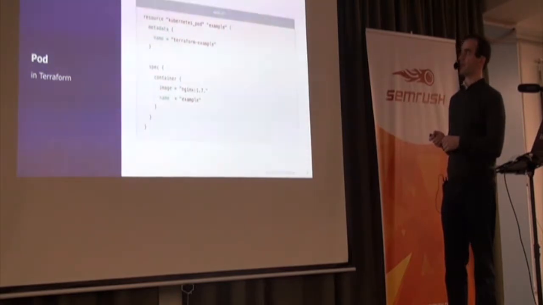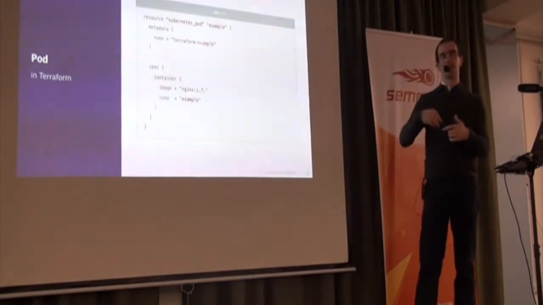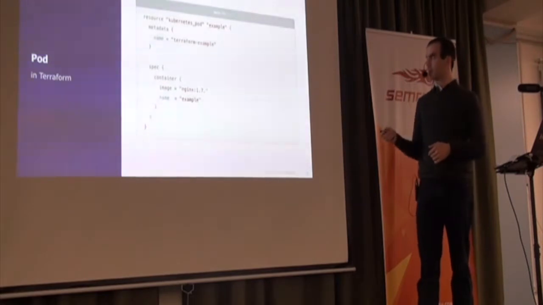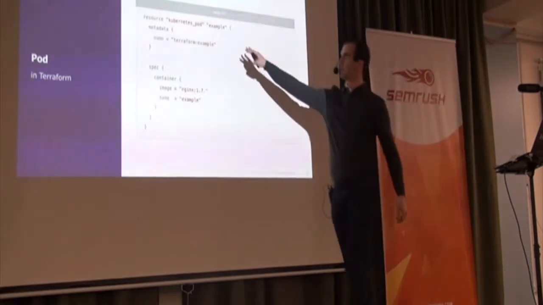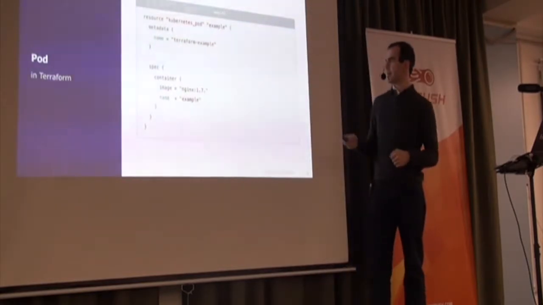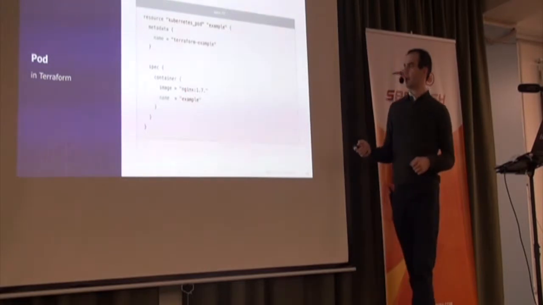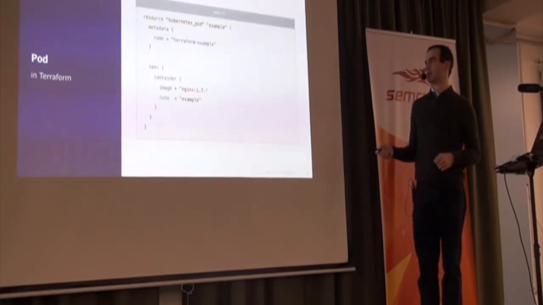This is a reference name, so that you can reference the resource elsewhere in the config. This is the actual name that gets submitted to the API. This one doesn't reach any API; that's just for internal reference. So that's the difference. And this is the spec of the pod, where we say we want to launch Nginx 1.7 and the name of the container.